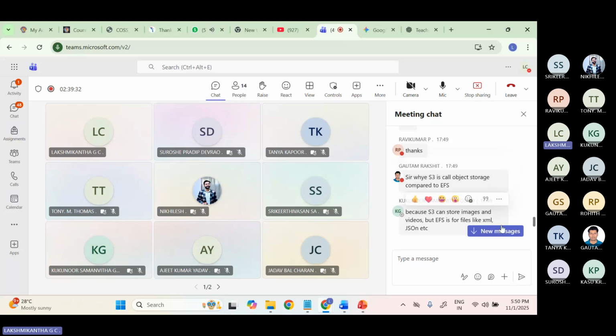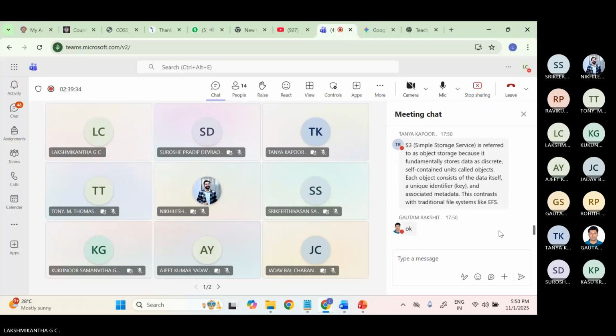Gautam, have you understood? Why is S3 called object storage? The reason is it stores data as objects. That is the main reason, which are self-contained units of data that include the data itself, metadata and unique identifiers, and so on.